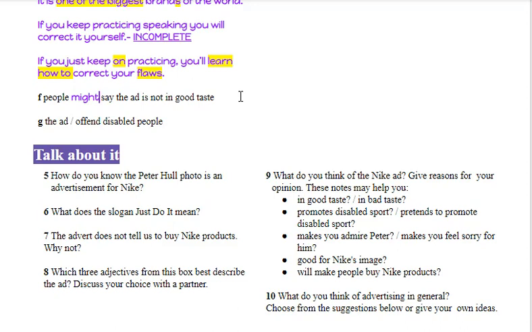Because I'm all about a bass, no treble. Do you know that song? Yeah, I know. Okay. Because.